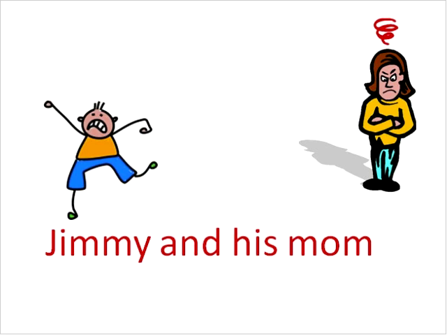And we then have a little scene with Jimmy and his mom that will give the kids lots of exciting practice that they're really going to enjoy. You see, Jimmy is like lots and lots of young kids. When Jimmy wants something, Jimmy really wants something, and he can't take no for an answer.